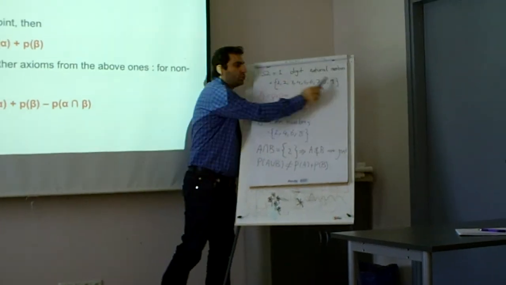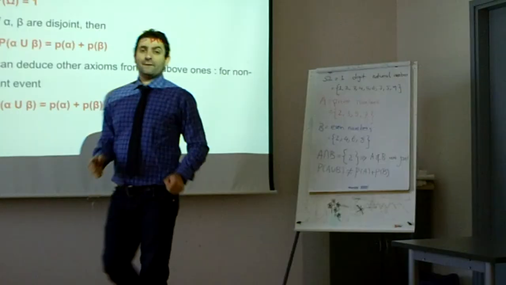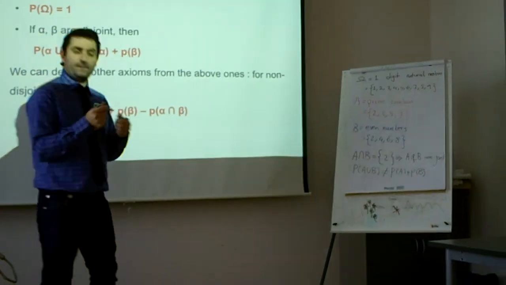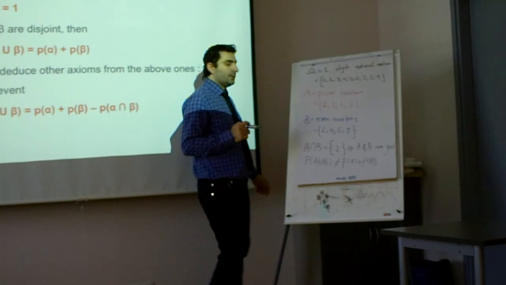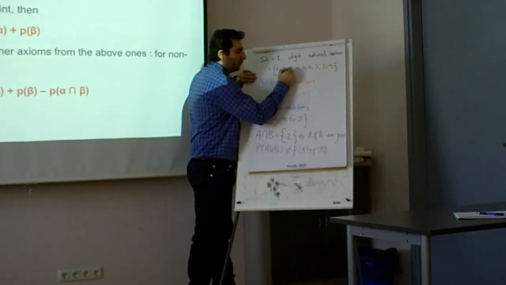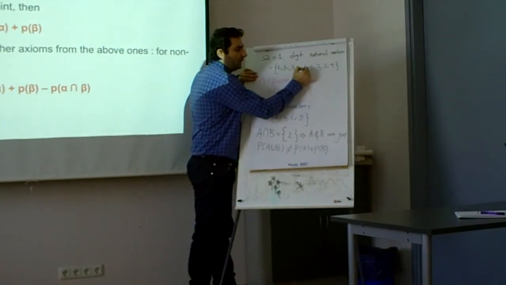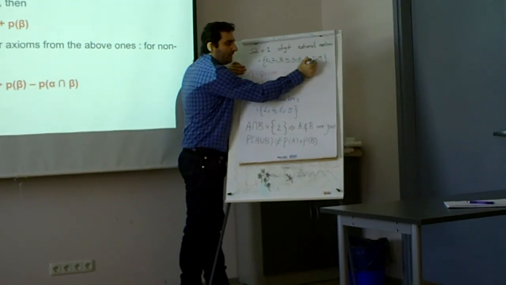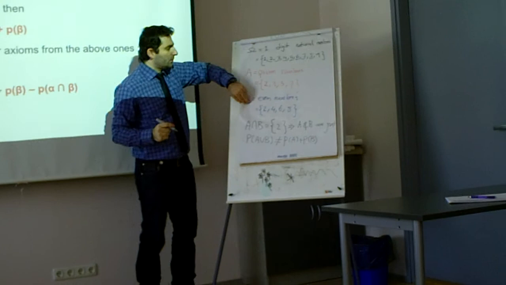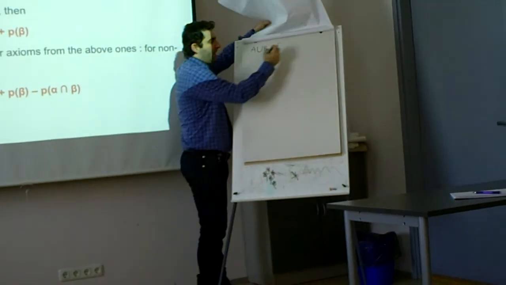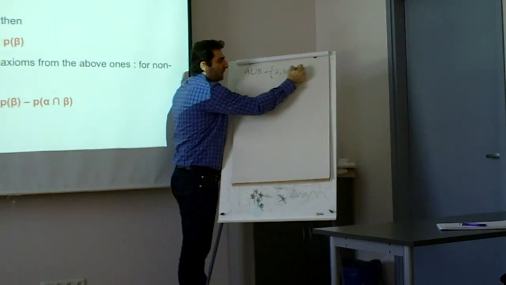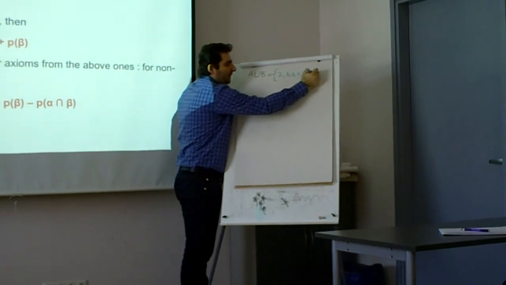Between 1 to 9, tell me the numbers which are prime and which are even. So the set is 2, 3, 4, 5, 6, 7, 8.